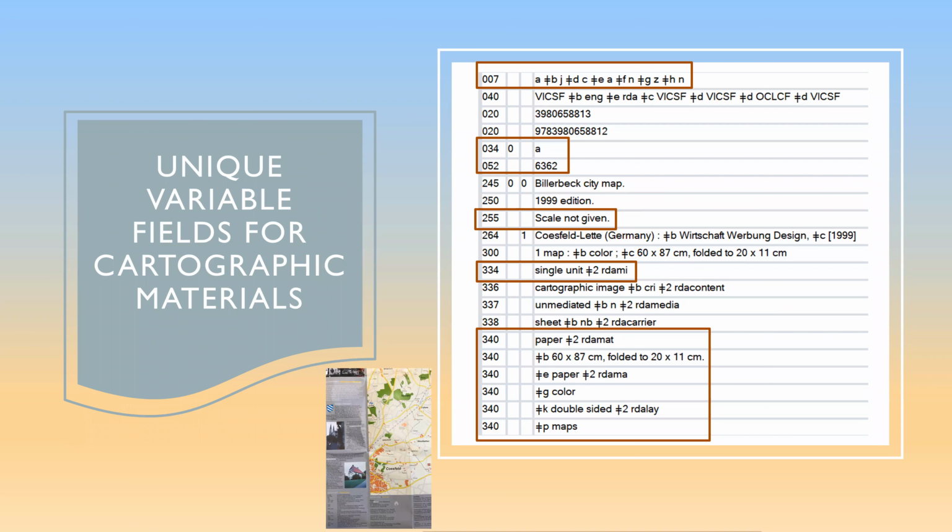This map is a single unit, which is evident by the tag 344, and the multiple 340s display the characteristics of the material size, color, and the fact that it's a double-sided map. So you can see that these 340s also can be seen either in the 007 or the 300, and some of the fixed field.